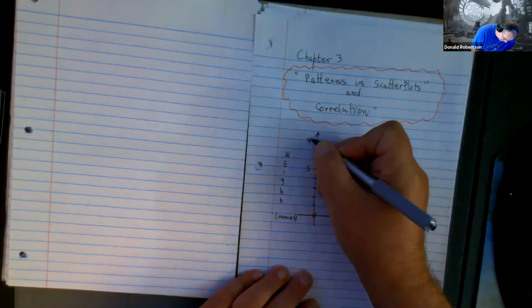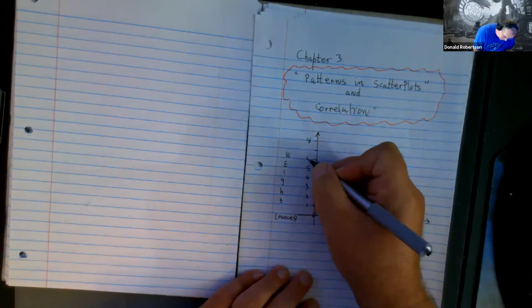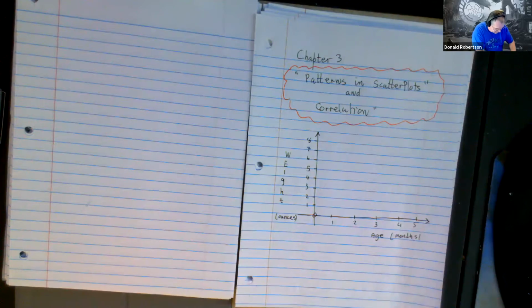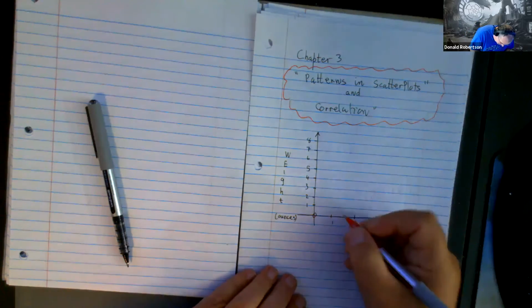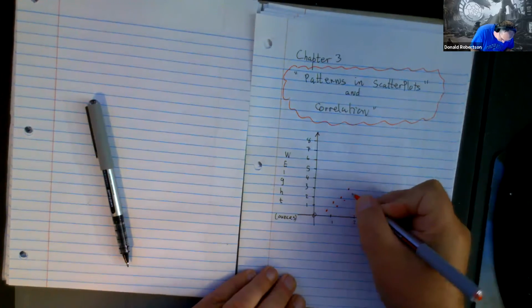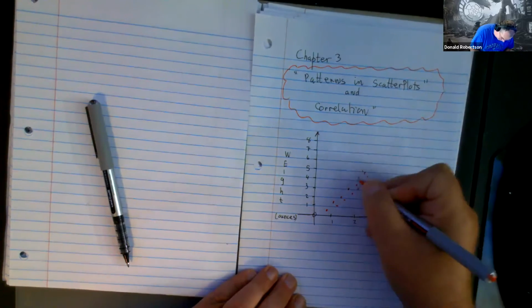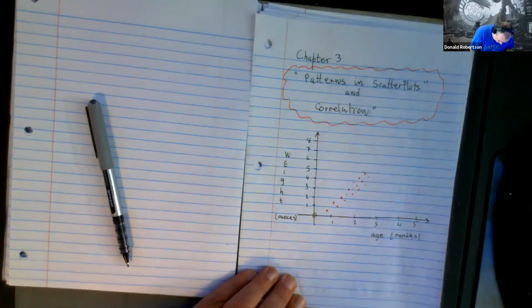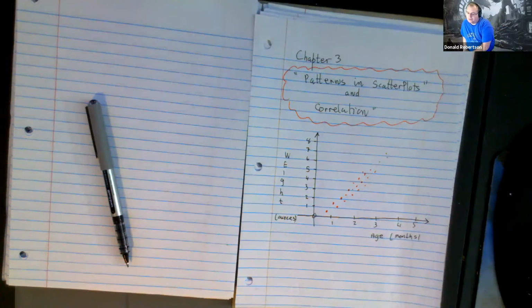So you can imagine it's not a very big creature, some kind of mouse, maybe, tiny little creature. And we collected data, and it ended up looking something like this. Nothing too surprising, right?